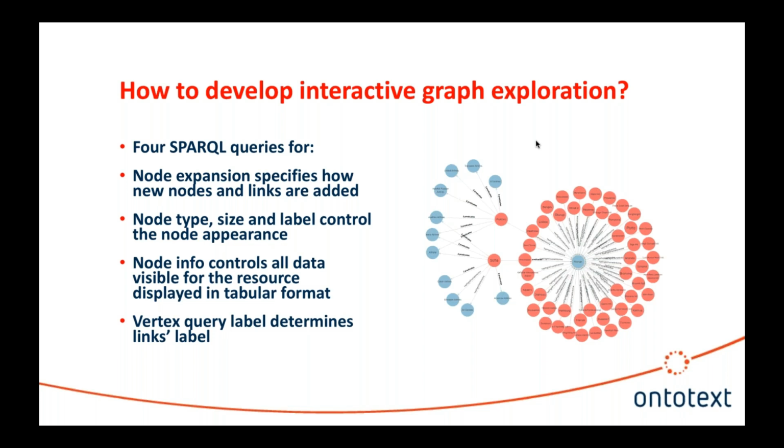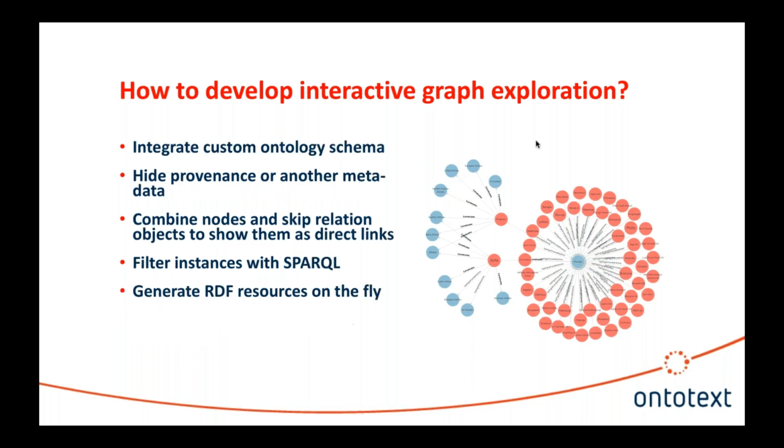Finally, you can also control the type of data which appears for every node as metadata, displayed in a tabular format next to the graph when you click on any of the nodes. And you can also control how the predicates or the edges are labeled in this graph. So by using these 4 types of queries, you can really solve all the problems dealing with real-world data.